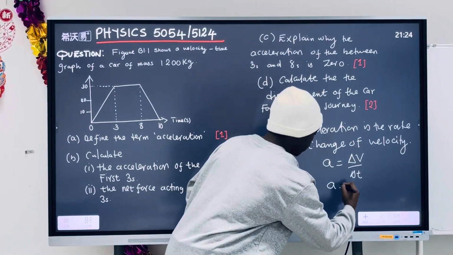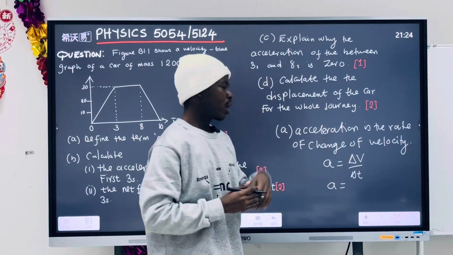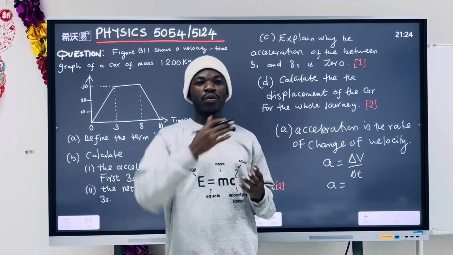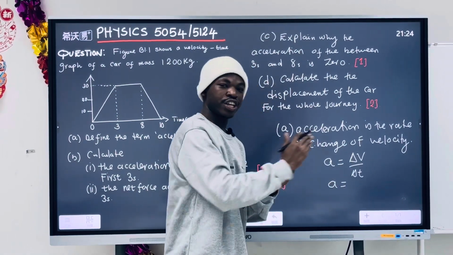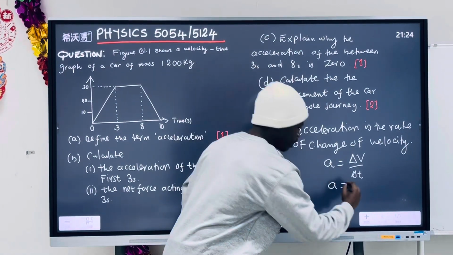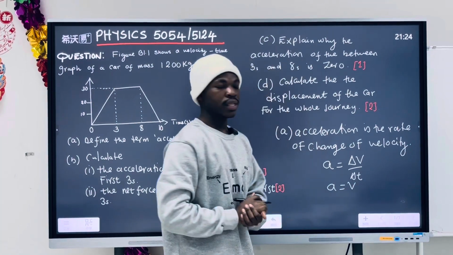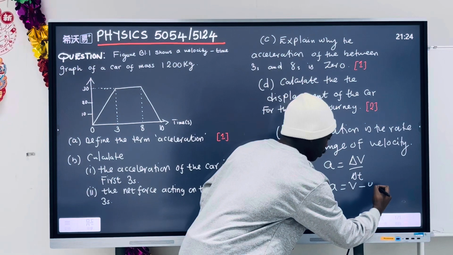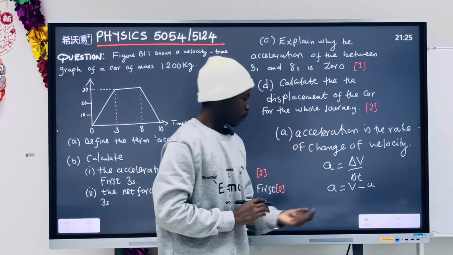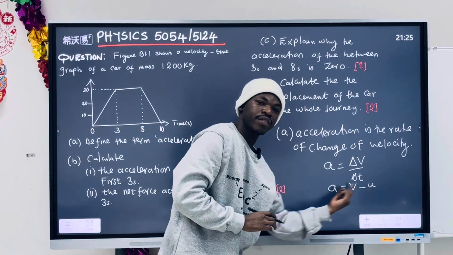Meaning, if I have two velocities, one called the initial velocity and one called the final velocity, delta V represents the change in velocity, which could be the final velocity. We use the symbol V for final velocity, minus the initial velocity. So this gives you the change in velocity.